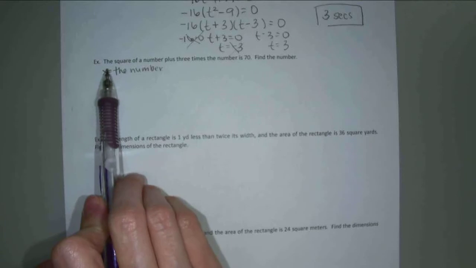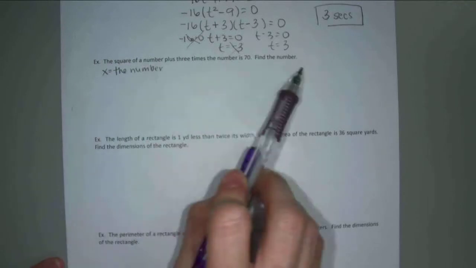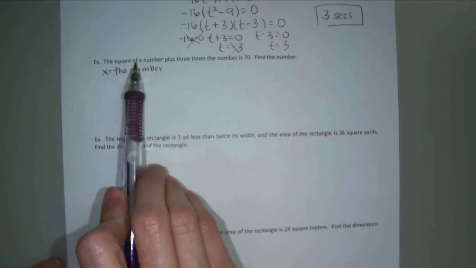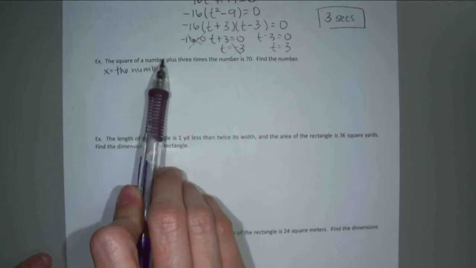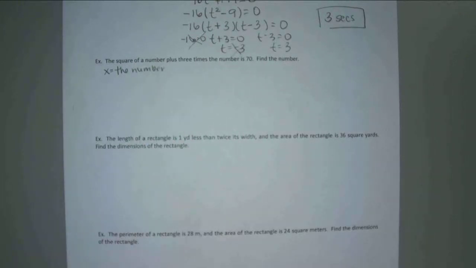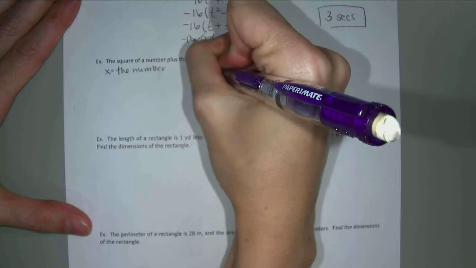So let's start with this math sentence here. The square of a number. Well, we don't know what that number is, but we want the square of it, okay? How do you show something squared? The exponent 2, right? A little 2. So what is the number? X, and here is its square.